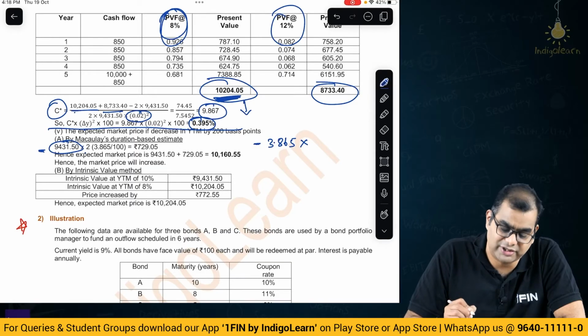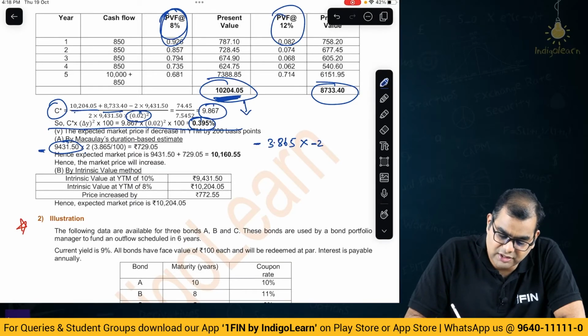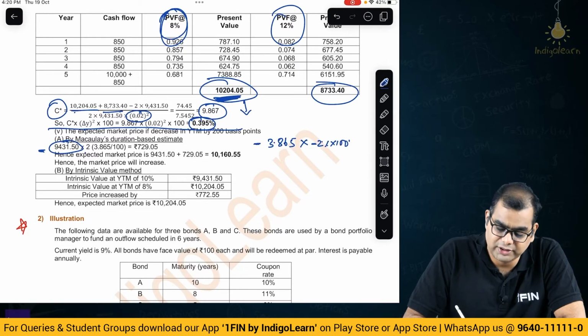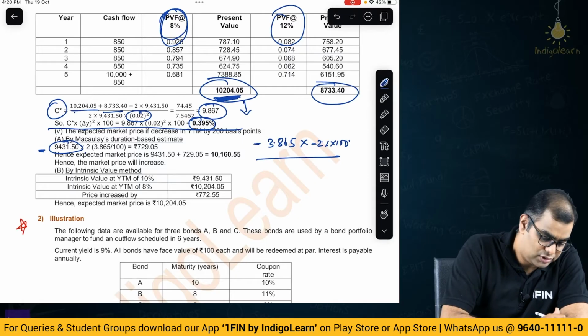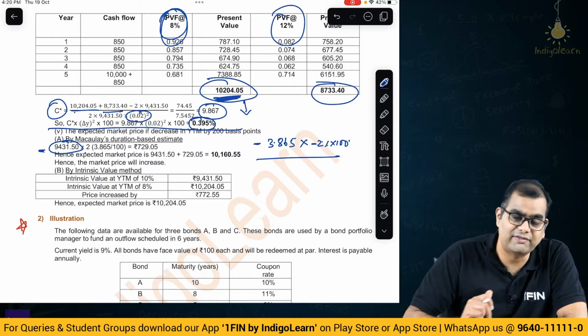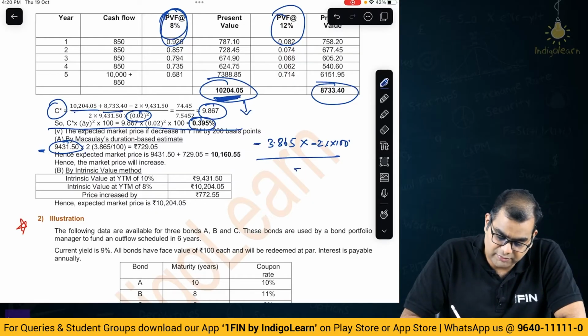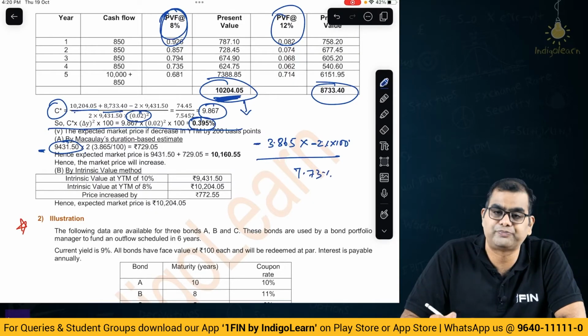Is the change an increase or decrease? It is a decrease. So minus 2% into 100. You will get a value. What is this value? 2 into 3.865. That is 7.73. 7.73% is the change in price.